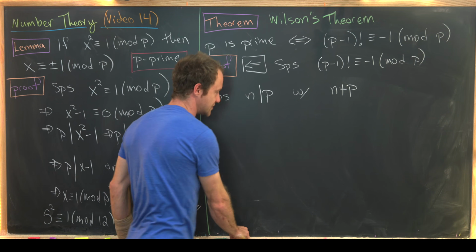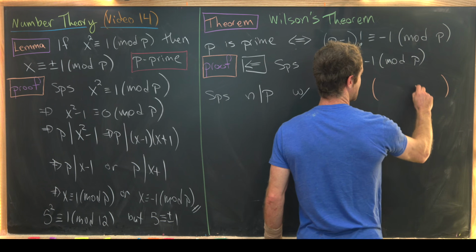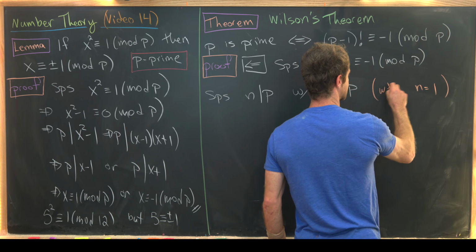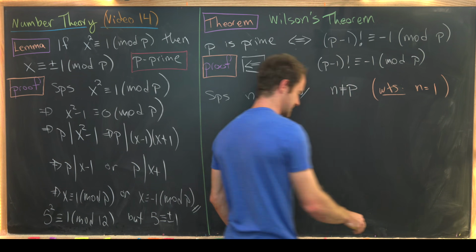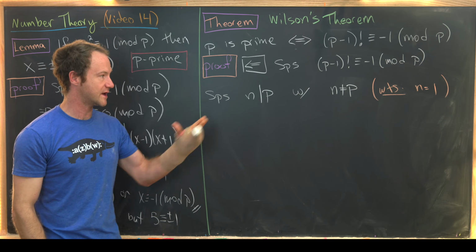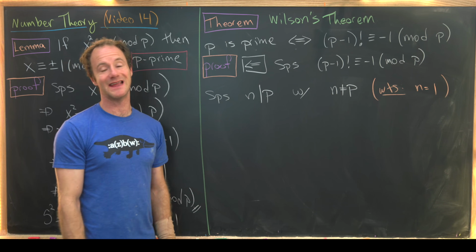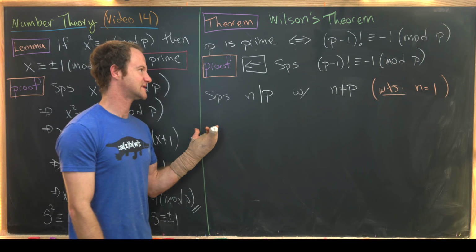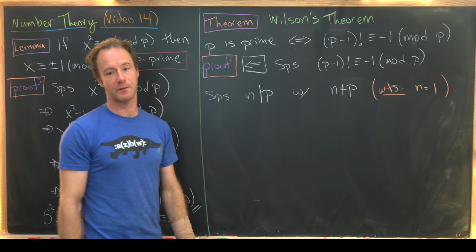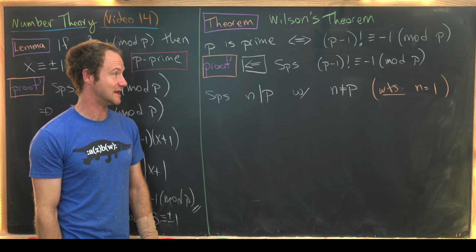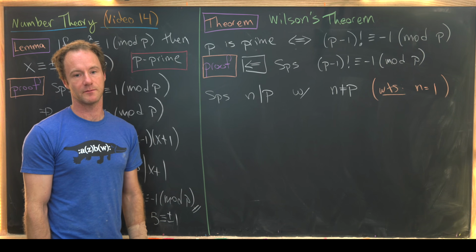If we can show that n equals 1, then we're good to go. I'll put that right here as a blueprint. We want to show that the fact that n divides p implies that n is equal to 1. That's using the definition of a prime to show that indeed p is prime.